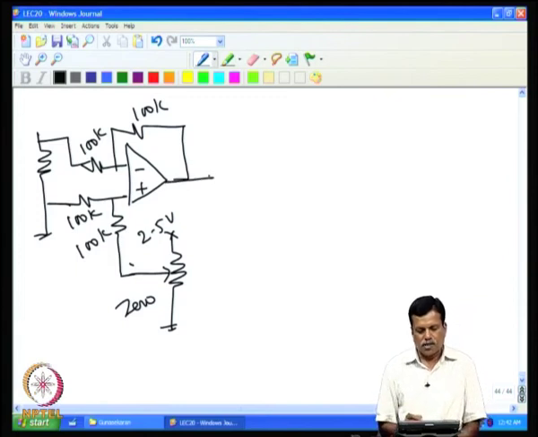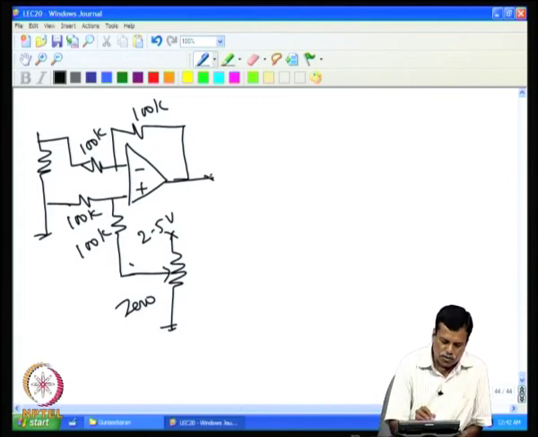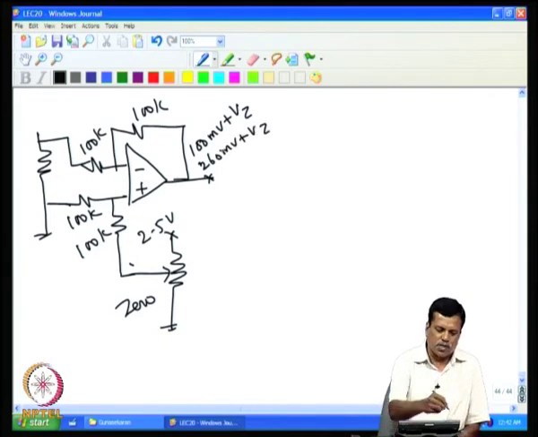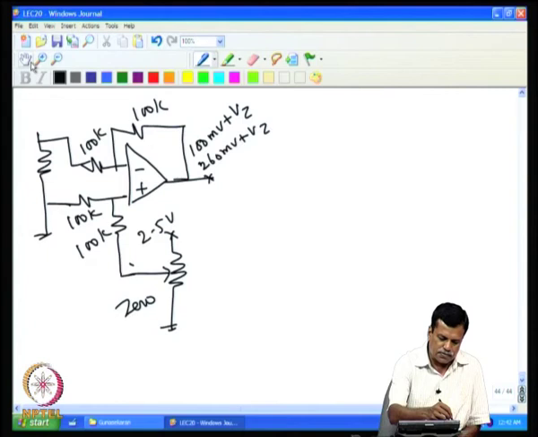So, one can have this, and this output gives you voltage corresponding to the temperature, that we had seen: 100 millivolt plus V0 at 0 degree temperature, and when this is at 400 degree C, you will have 260 millivolt plus this Vz. This Vz is the voltage we have fixed here.